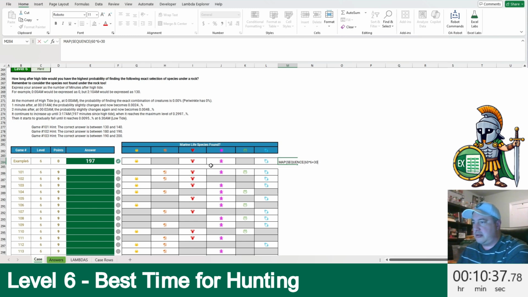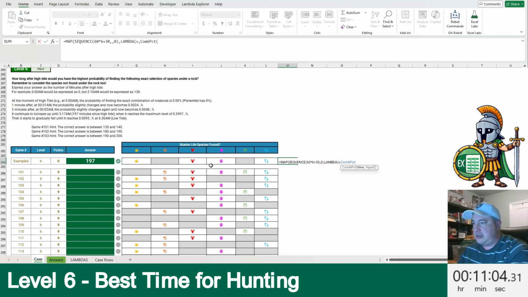Let's start at 0, and then lambda v. Okay, lambda v is our times. So for each time, we're going to say combined percent equals over here.